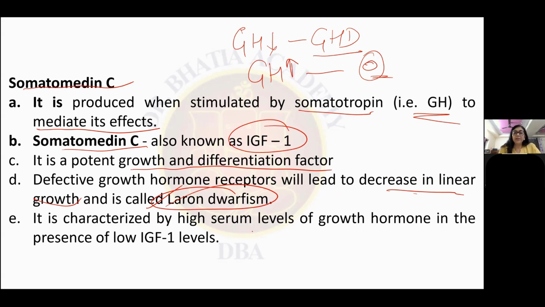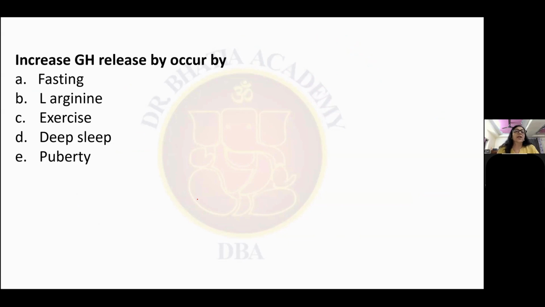It is characterized by high serum levels of growth hormone and low IGF-1. The GH is high, but because the receptor is not allowing the GH to work, even IGF-1 is not produced. So low IGF-1 in the presence of high GH is suggestive of a receptor defect.